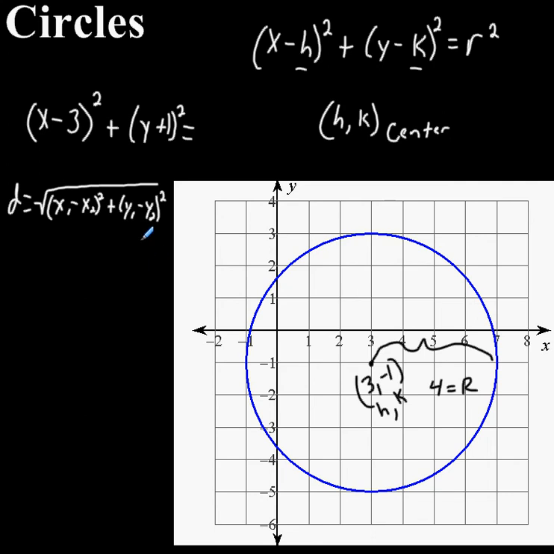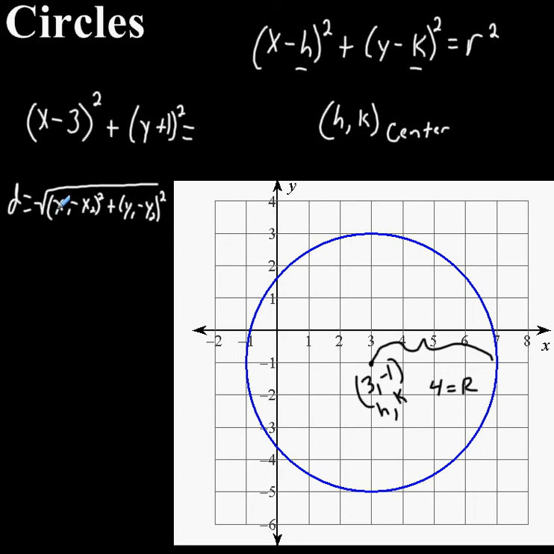Now some other formulas may have x sub 2 in front and y sub 1 behind. The truth of the matter is this: so long as you're consistent subtracting x sub 2 from x sub 1 and y sub 2 from y sub 1, or the reverse, it'll work out for you.